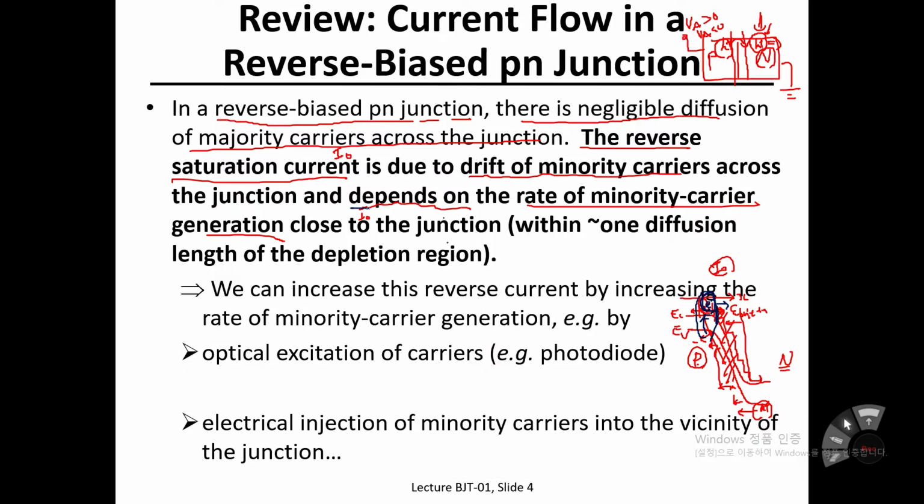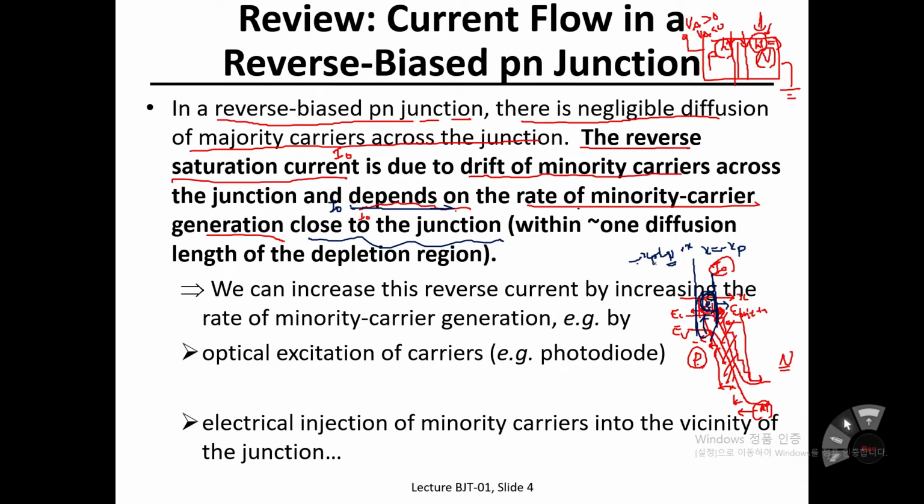As described here, the saturation current I naught is very dependent on the generation rate of minority carriers close to the junction. More specifically, how close to the junction? Within one diffusion length of the depletion region. So x is from minus xp minus Ln. Here n denotes electrons in the p side, my minority carrier.